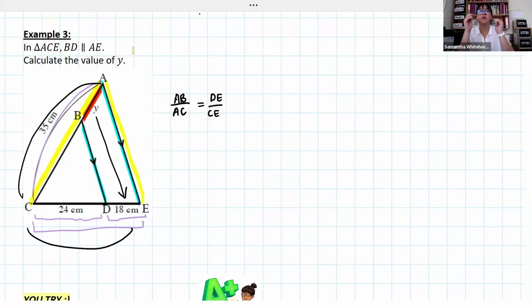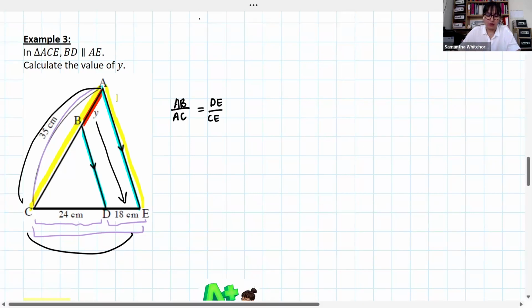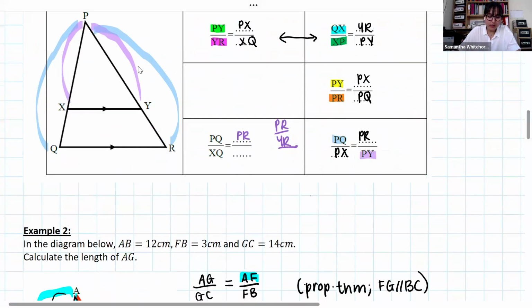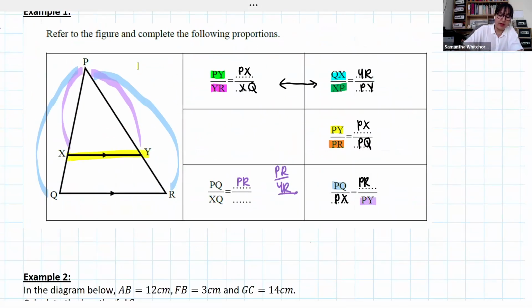Now, just be careful. We need to be using our parallel lines. So the parallel lines are guiding me to which sides I should be using. AE is not being cut by one of those parallel lines. So if I just go back up to the theorem, the proportions that I work with are based on the sides that are being cut by that parallel line. This third side is just the line it's parallel to.